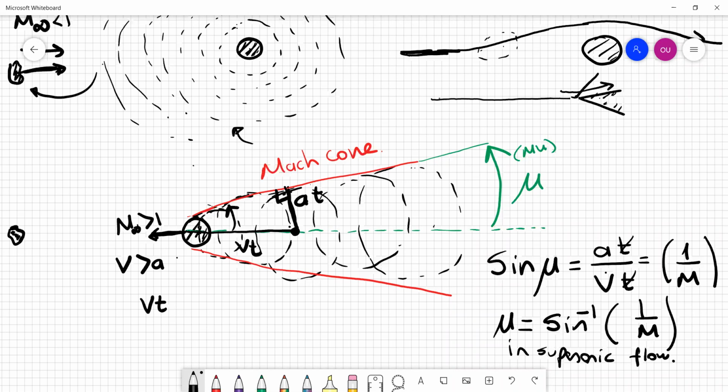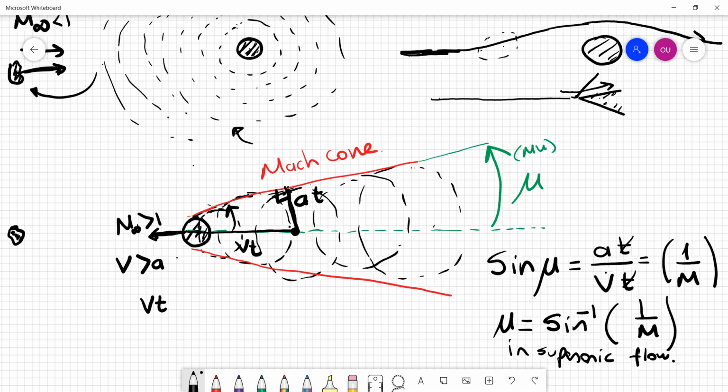Depending on how fast you're flying, meaning how high your supersonic Mach number is, it could be a very strong Mach cone, or it could be a very weak Mach cone.